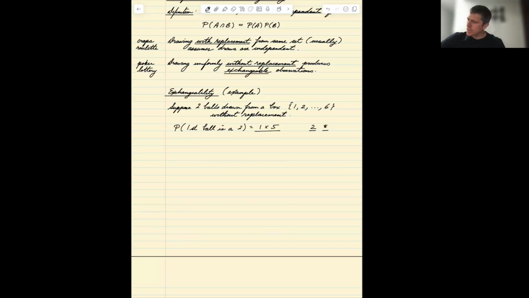And how many total possibilities are there? These are 2-permutations of 6. Remember, we are picking 2 balls in order out of 6. The number is 6 times 5, so the probability is 1/6.